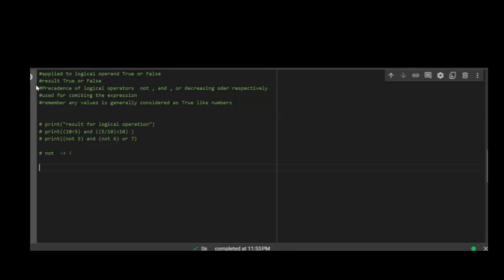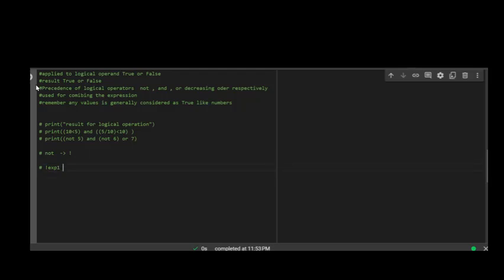Now let's say an expression one, exp1, is there, and you are applying not to it. This is a unary operator. Unary operators do not require two or more expressions; they operate on one particular expression.